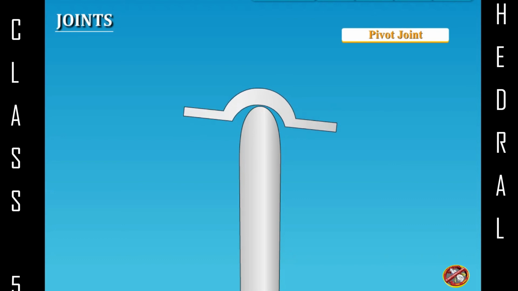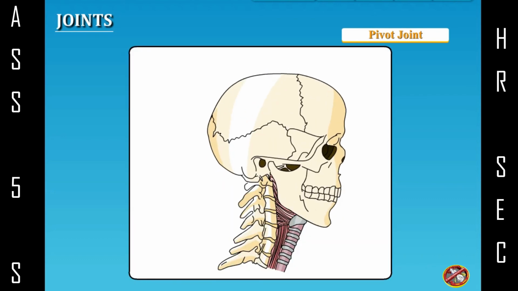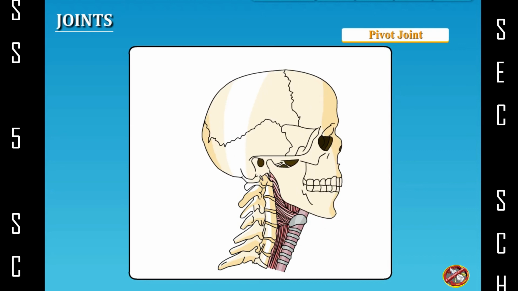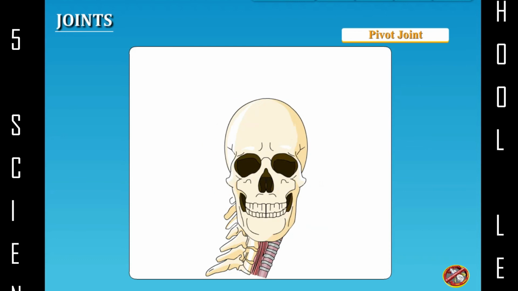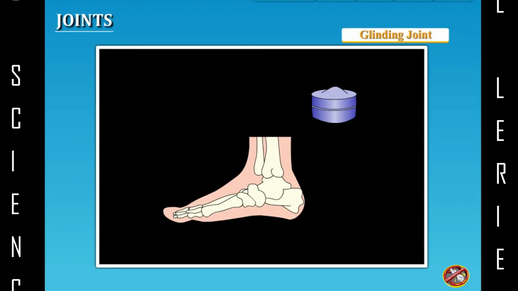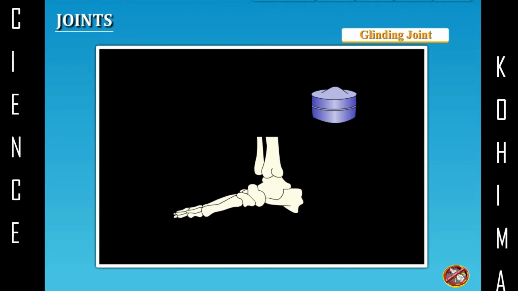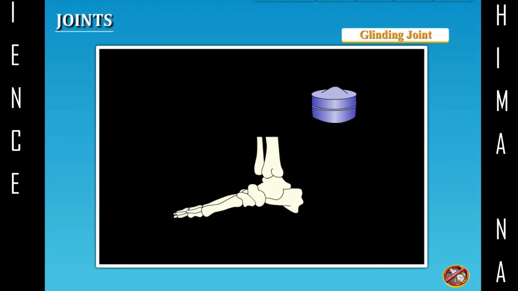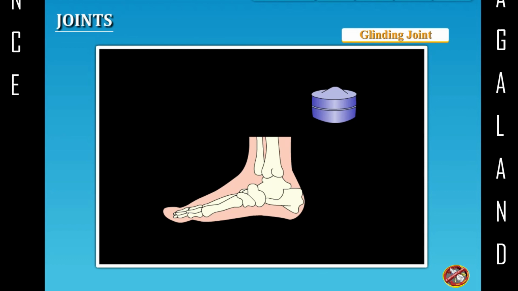This joint is found between the skull and the backbone. This joint helps us to move our head upwards, downward and sideways. Gliding joint. This type of joint is found in the wrists, ankles and between any two vertebrae of the backbone. It allows the bones to slide against each other.